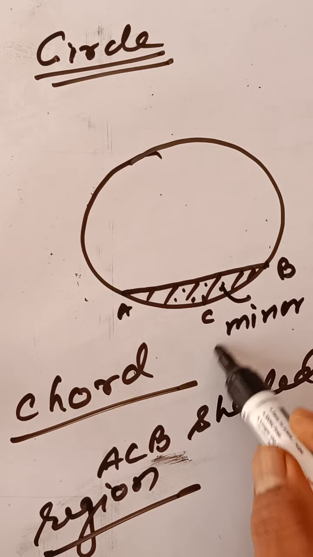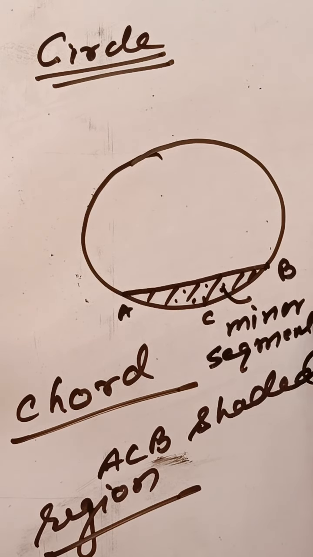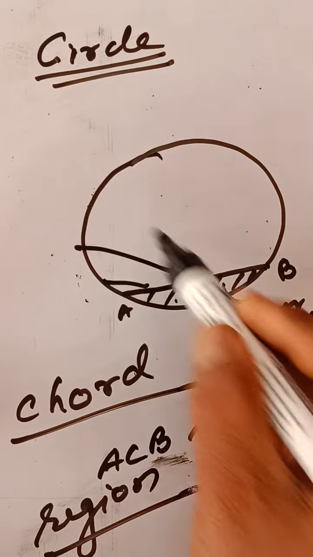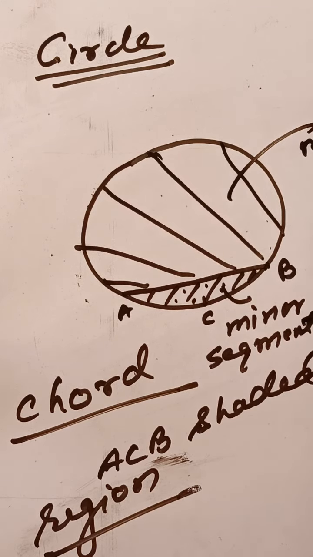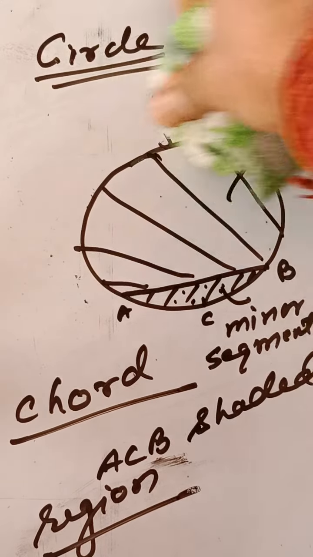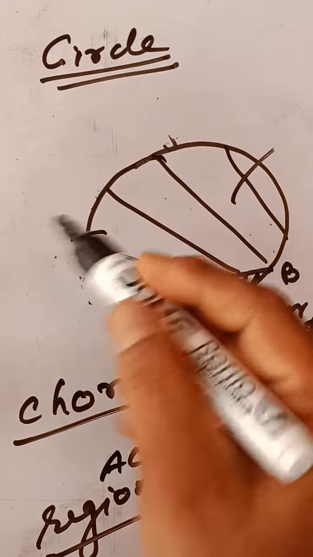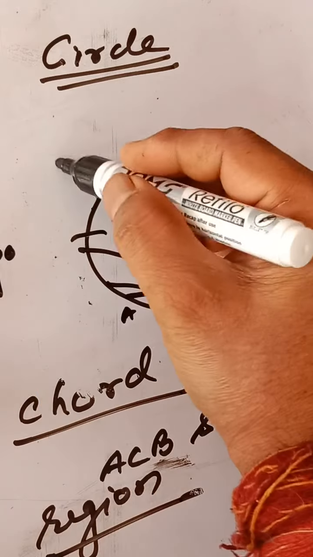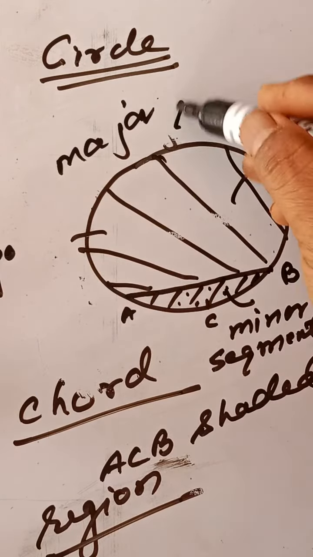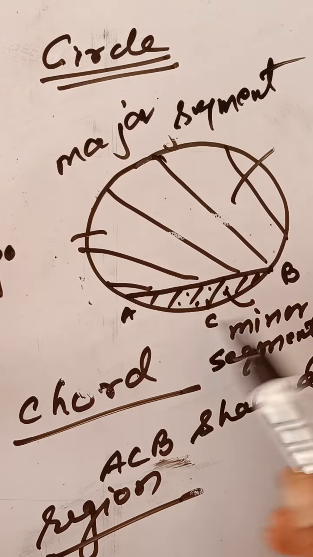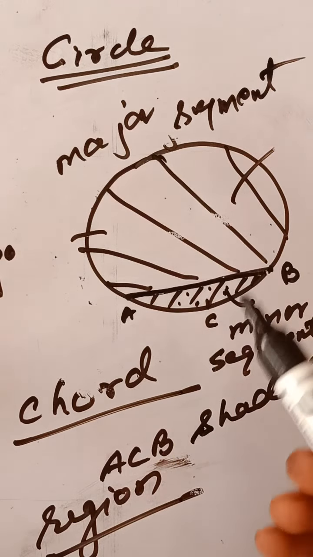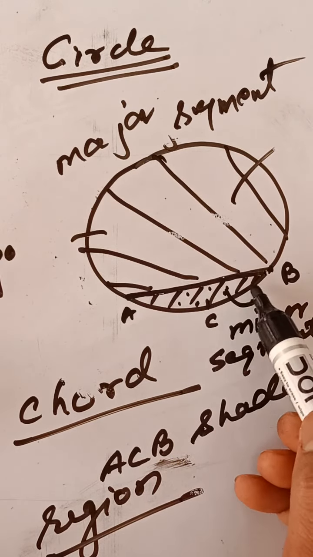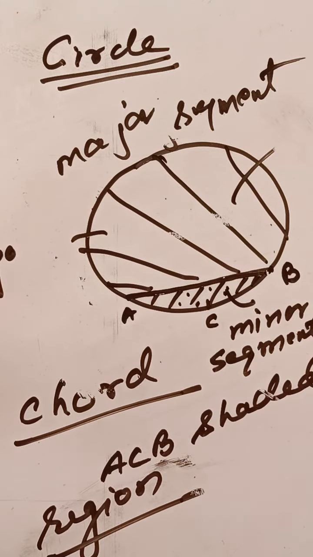And this shaded region is the major segment. In this way, we can see that a chord divides a circle into 2 parts. This is called minor segment and this is called major segment.